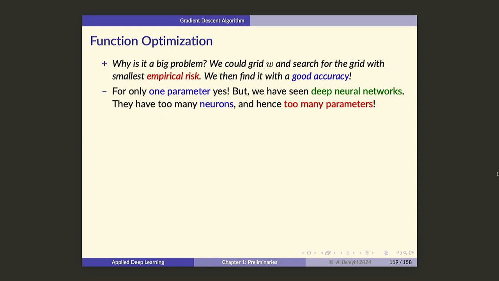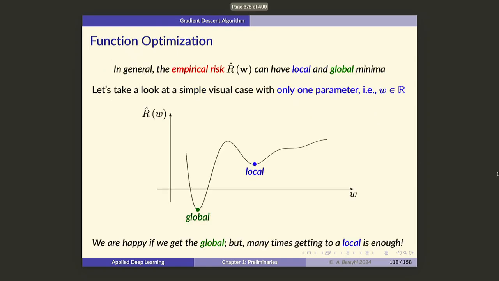one thing that might come to your mind, I'm pretty sure it doesn't come to your mind. It probably came to my mind when I was at your place because I'm not smart enough. You might say, okay, I want to just minimize this function. I want to find the minimum point on this function. So why should it be a big deal? Because I can just grid the axis.